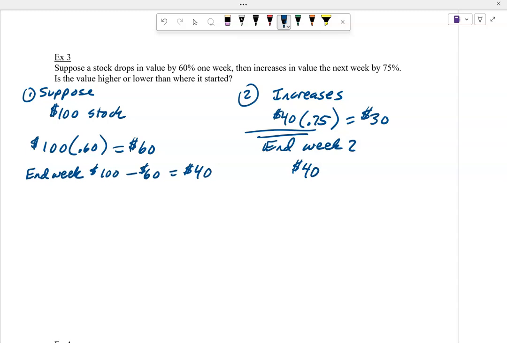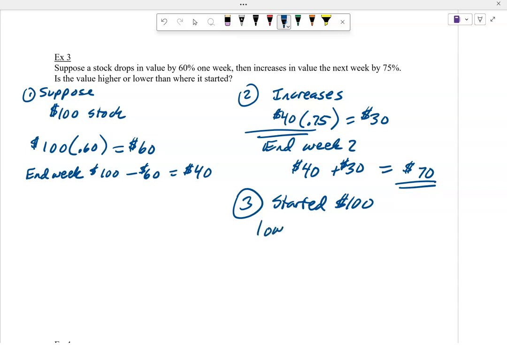But then we're increasing 75% of $40. We're increasing $30 that week. Where are we at? We're at $70 is where we ended up. So where did we start? We started at $100, so we're lower. We're only at $70 now compared to where we started.